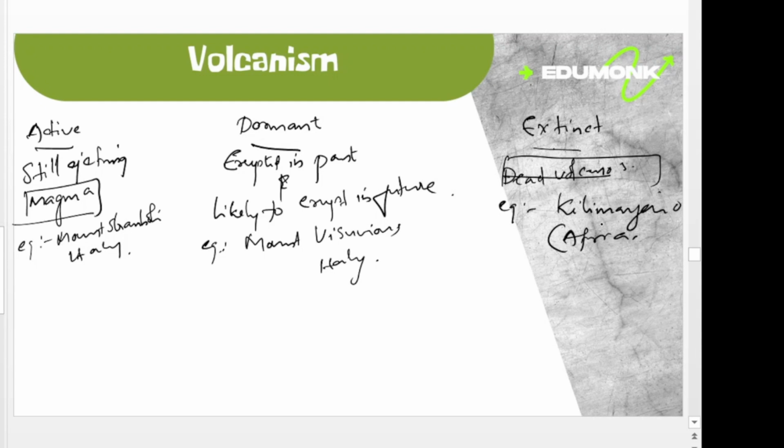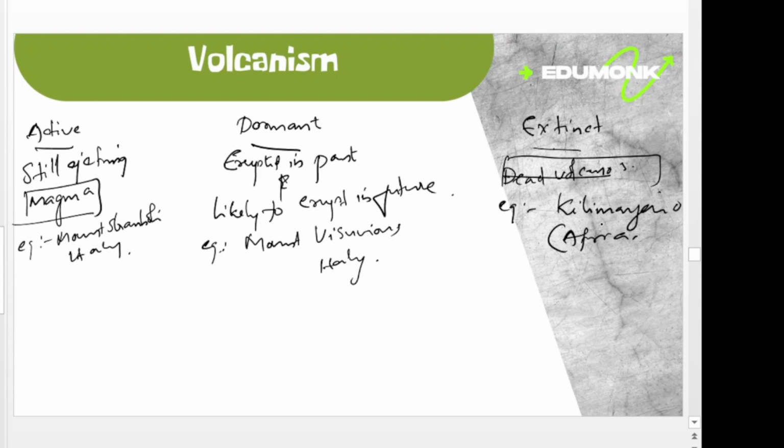So, on the basis of frequency and intensity of eruption, the volcanoes can be classified into three: active volcano, dormant volcano, and extinct volcano. Active volcano means the volcano is still ejecting magma, for example Mount Stromboli from Italy. Dormant volcanoes erupted in the past and are likely to erupt in the future, for example Mount Vesuvius, Italy.